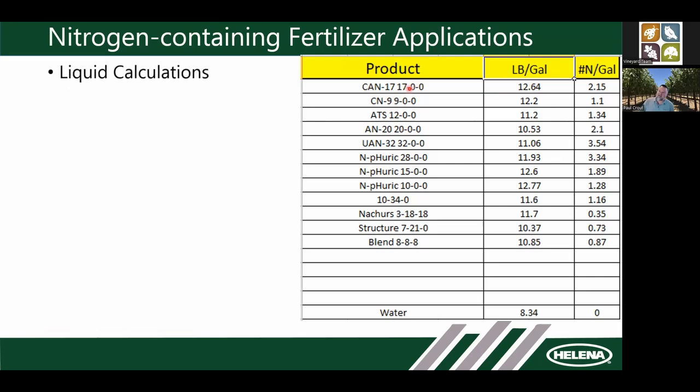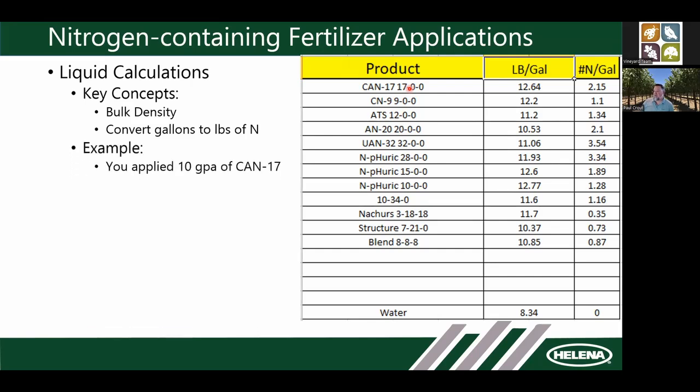So let's look at these liquid calculations. Couple of key concepts: understanding bulk density. As I mentioned, different fertilizers weigh different amounts per gallon. So we need to convert gallons to pounds of nitrogen. So here's our example. You applied 10 gallons per acre of CAN 17. CAN 17 has a bulk density of 12.64 pounds per gallon.